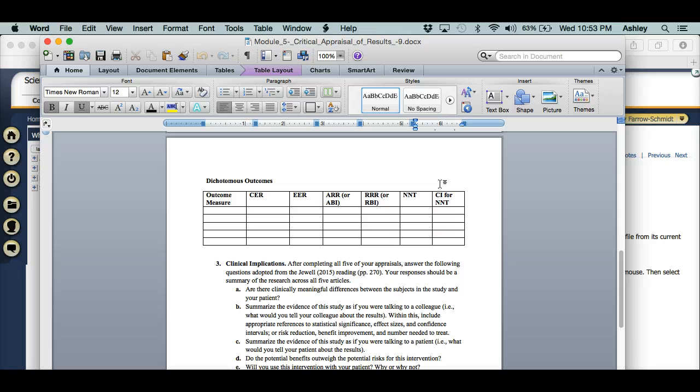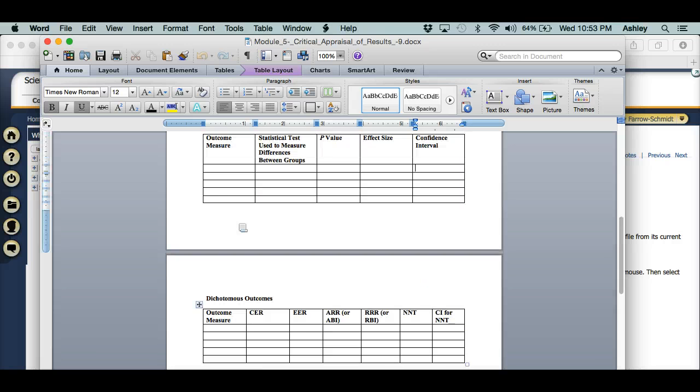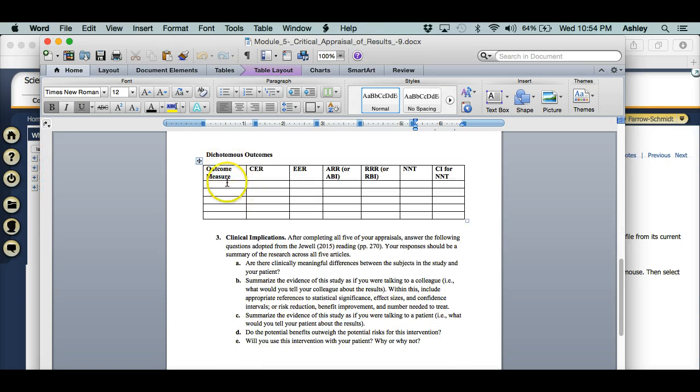Now, if it's dichotomous, we have to do a little more work, okay? We have these things that I'm going to talk about with you, so don't fret, and it's also in your readings. But essentially, as you would do for your continuous data, you're going to do it for your dichotomous outcomes. Now, again, depending on the type of research that you're looking at, articles may not provide you with this because you may not have dichotomous outcomes.